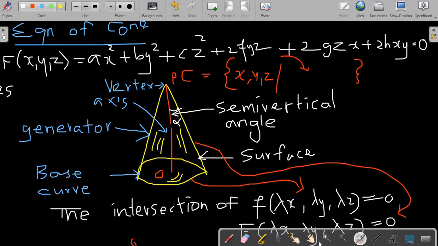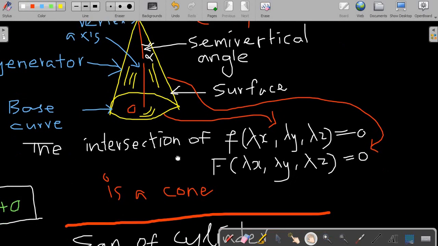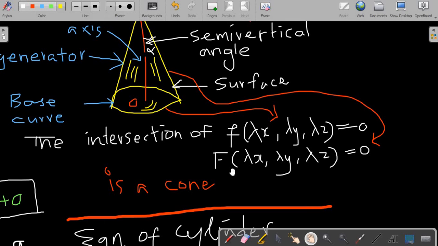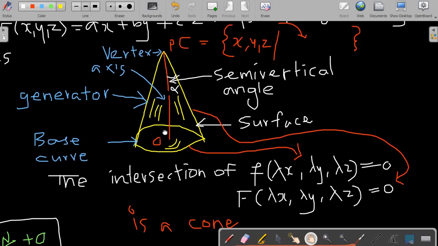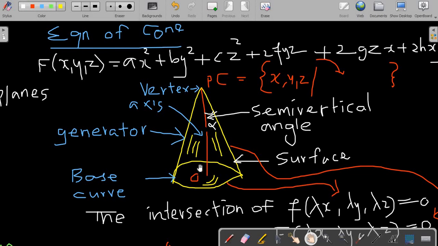Okay, so definitely every cone will have two equations. One is connected to the base curve. The other one is about this particular generator, and that equation is this, and this base curve is this. So the intersection of the base curve and the generator will give you a wonderful picture like this, and that is how the three-dimensional picture comes from this equation.